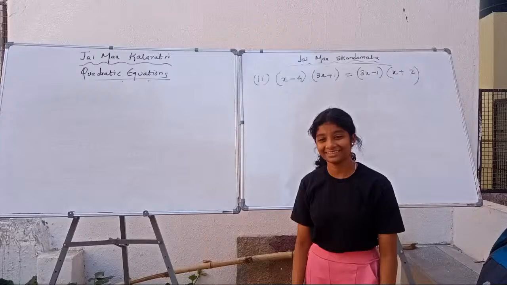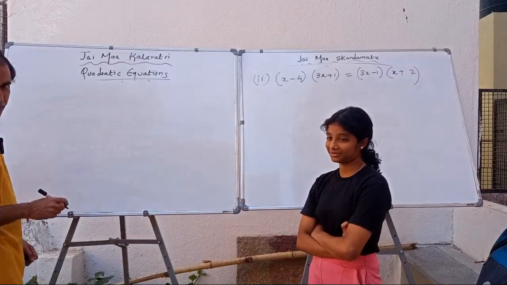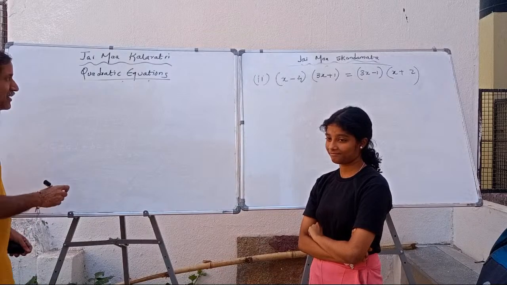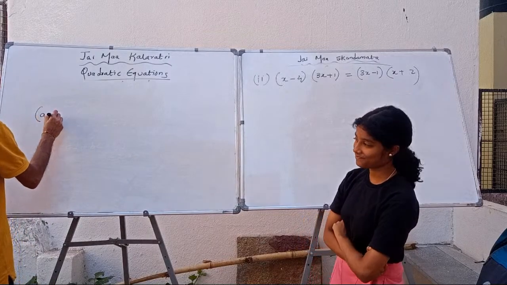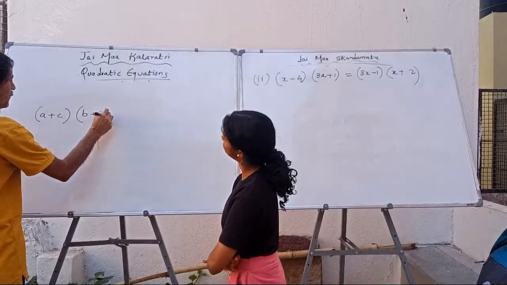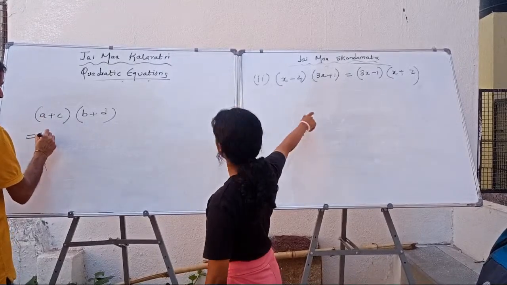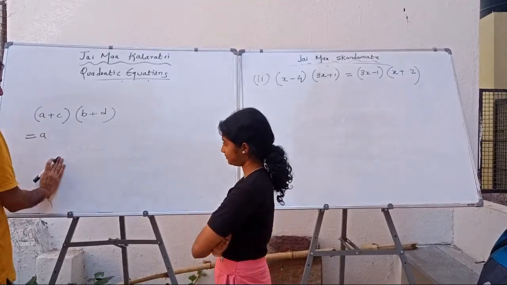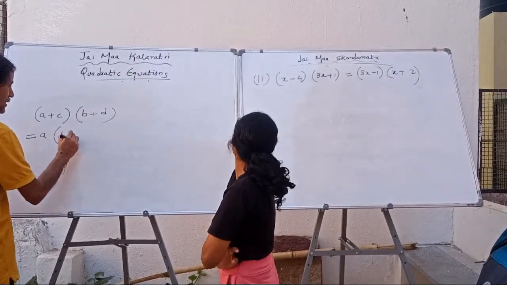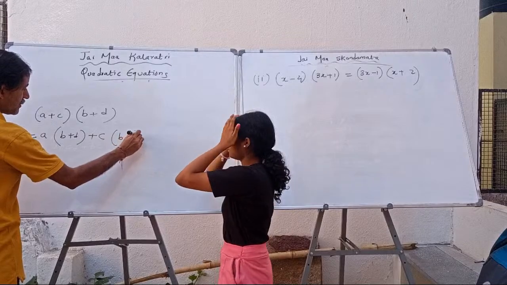See, typically first write down A, write down the next term, then plus C, and then B plus D.